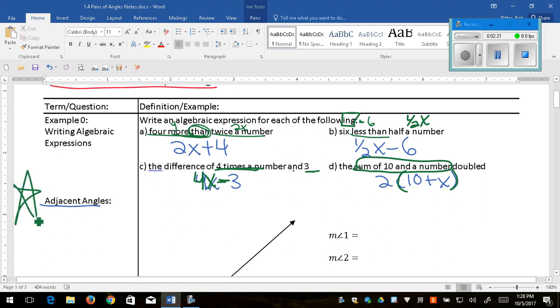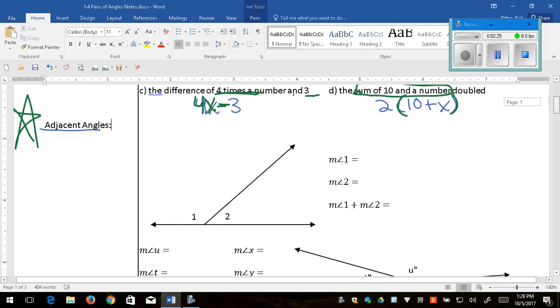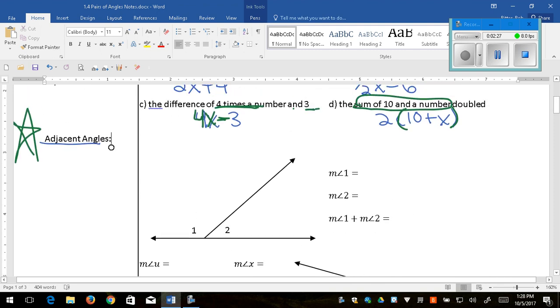All right, here we are at adjacent angles. Adjacent angles are 2 angles that share a common ray but don't overlap.